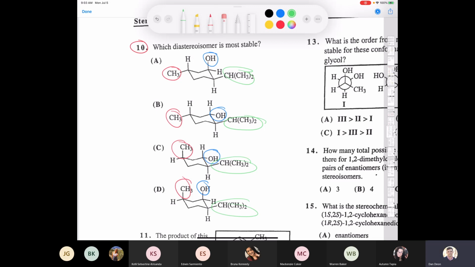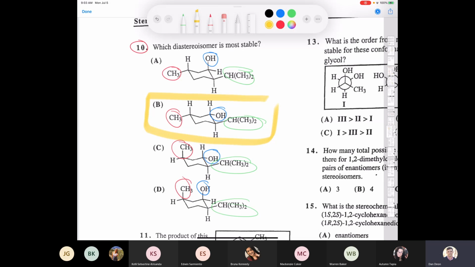So could anybody tell me which one of these diastereomers would be the most stable of all? Does anybody have an idea? Yeah, it's going to be B. It's going to be the one where everything is equatorial, right? Absolutely. Why? Because that way we have no 1,3-diaxial interactions.